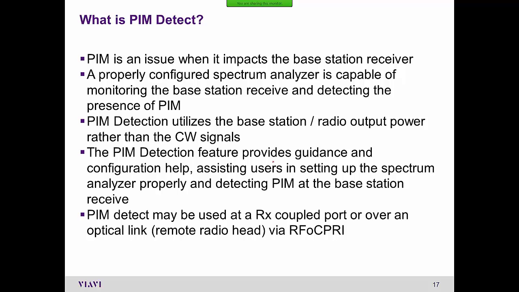I was asked to go to a site for one of the major carriers, and they had a base station that was exhibiting receive problems. And they said, we want to PIM test this site and fix it. Well, it was a very difficult site because it was a flagpole site. The antenna space was very limited, so they had to use single antennas for many carriers.